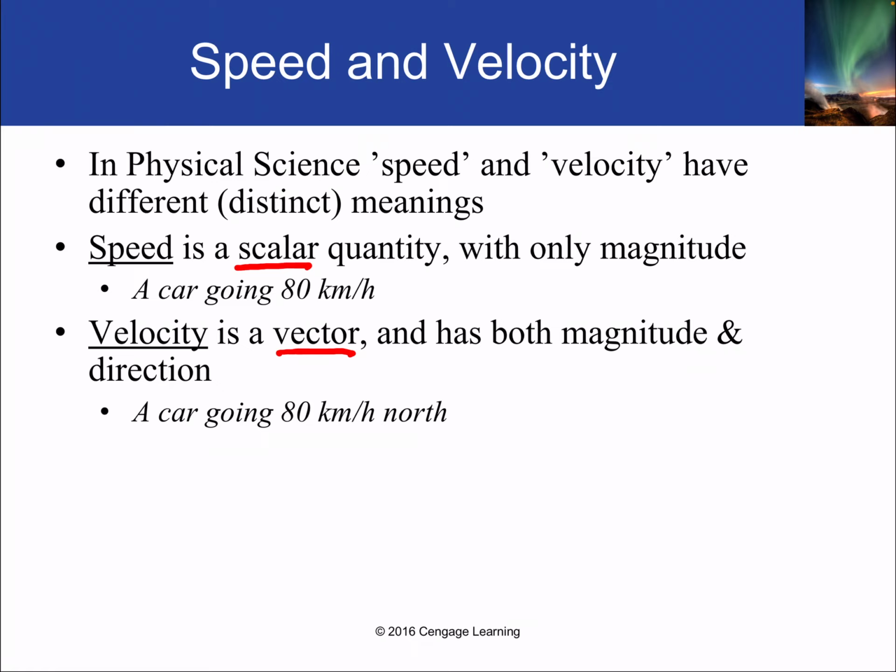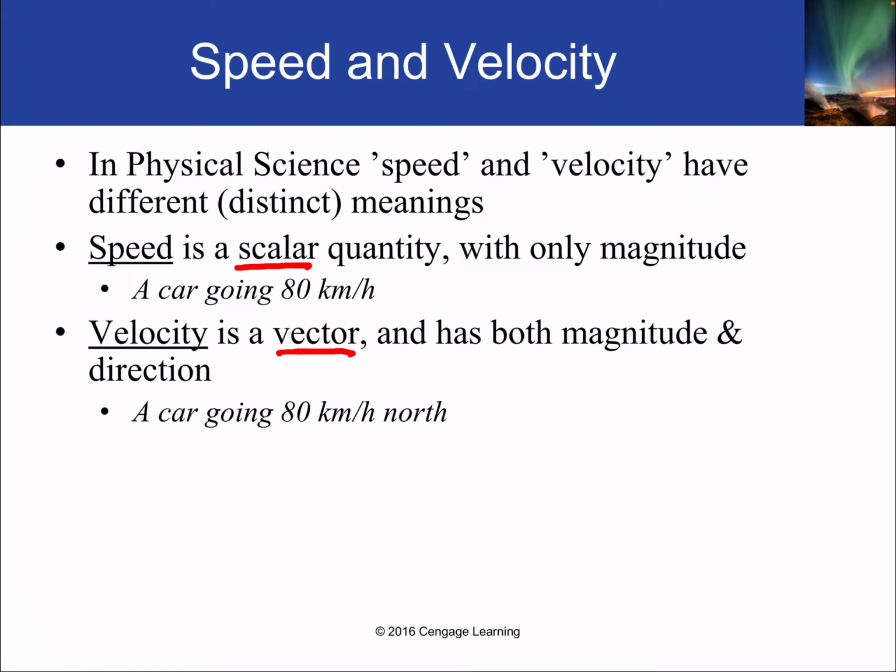If you look at the example I have written down there, a car is going 80 kilometers per hour. Well, 80 kilometers per hour is its magnitude. But when I look at that, I have no way of knowing 80 kilometers per hour where? To the north, to the east, to the south, to the west? I don't know. That's because that's speed, the scalar quantity.